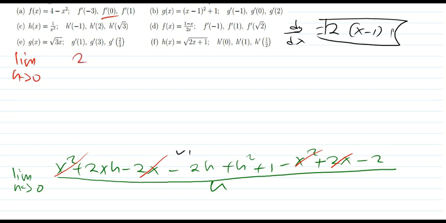I have 2xh, then I have minus 2h plus h squared. What else do we have? Then I also have, I'm remaining with this, and that is going to be negative 1, everything divided by h.